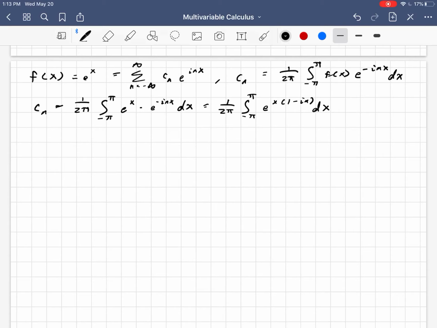Now, what I can do is actually do the integration. I would get 1 over 2 pi times, now I need to use the chain rule here and divide by the derivative.